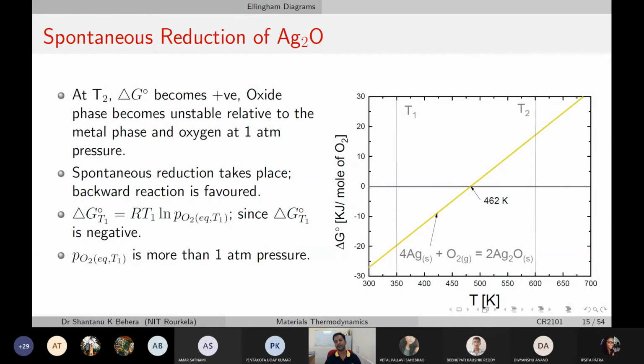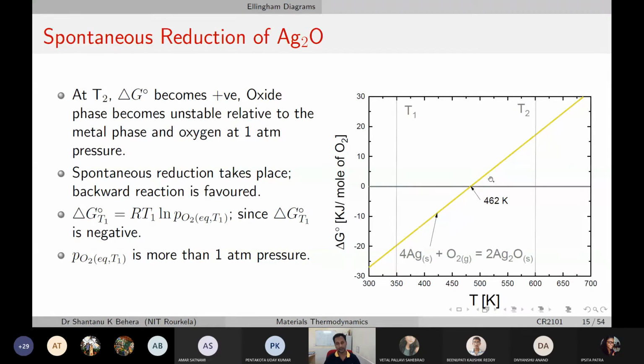I mean, the positive del G value tells you that del G is negative for the backward reaction. That means the backward reaction would happen, and the oxide phase would get reduced to the metallic phase, and that's only because of this positive number.